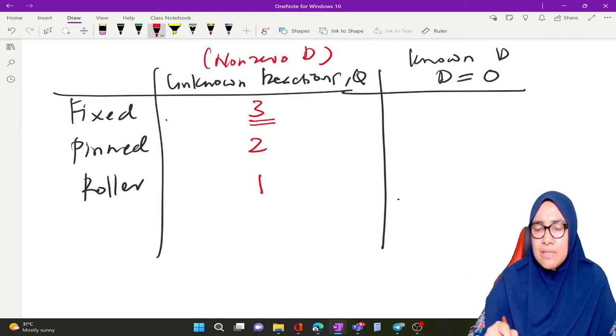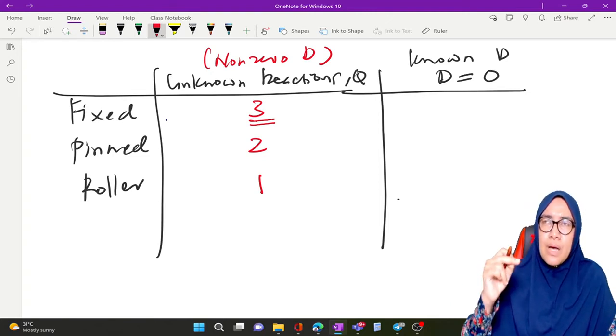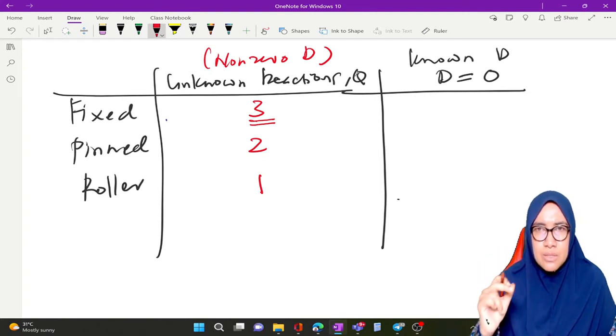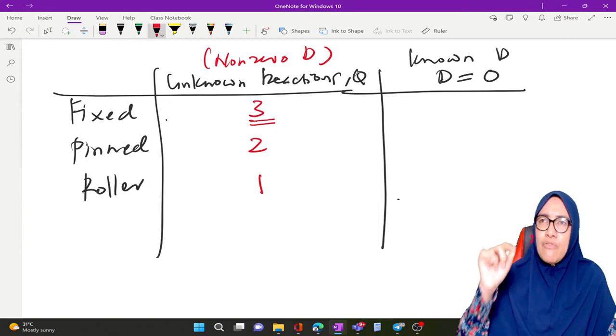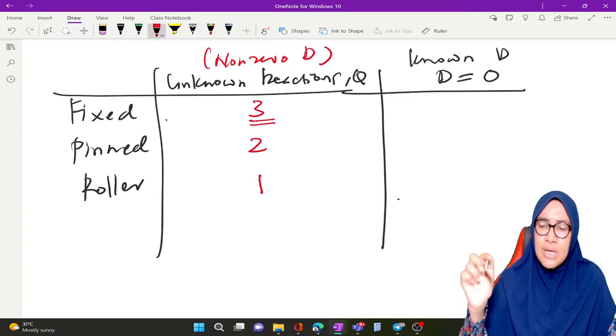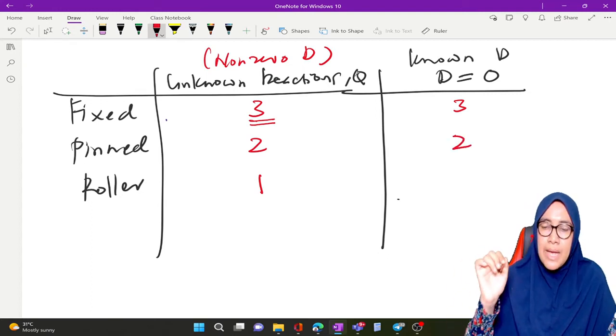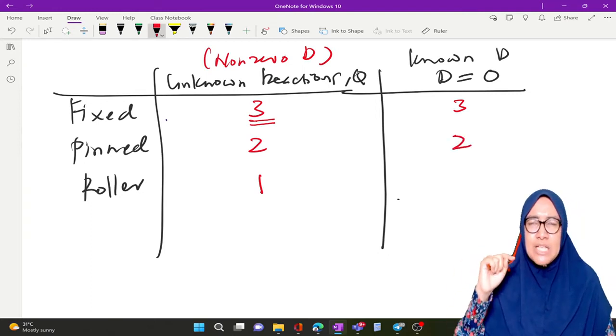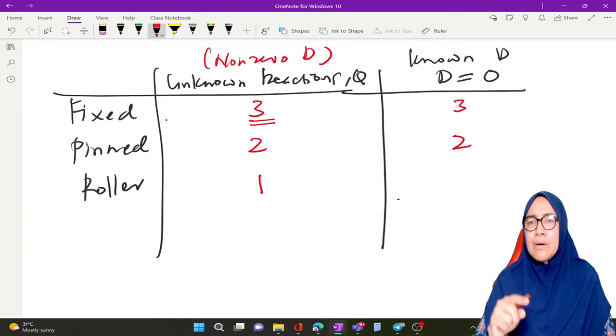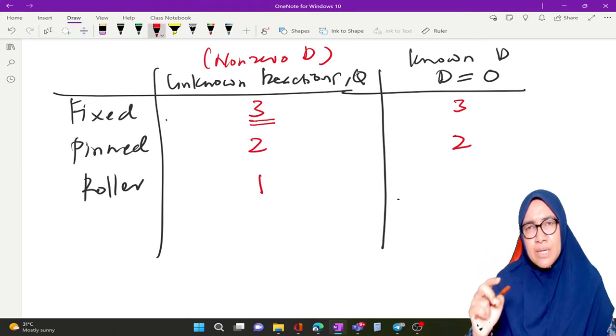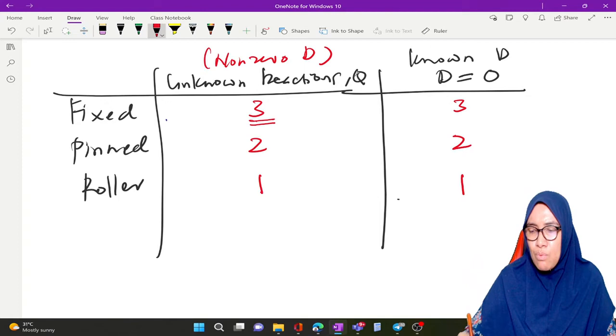If it is pin support, the number of unknown reactions is 2, so the number of displacements equal to 0 is 2. If it is roller support, the number of displacements equal to 0 is 1.